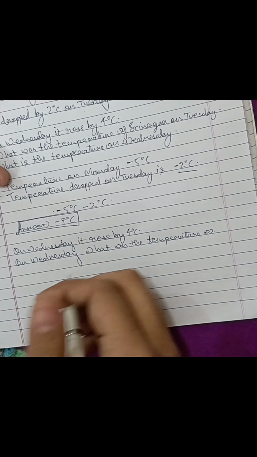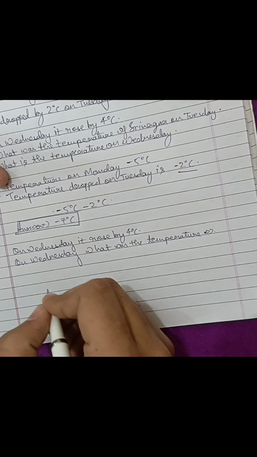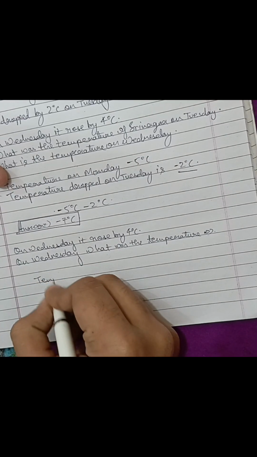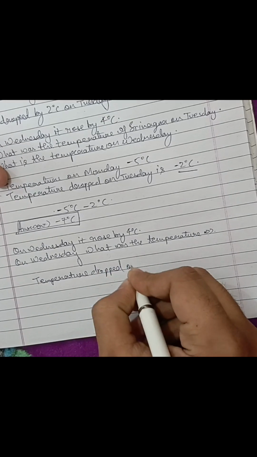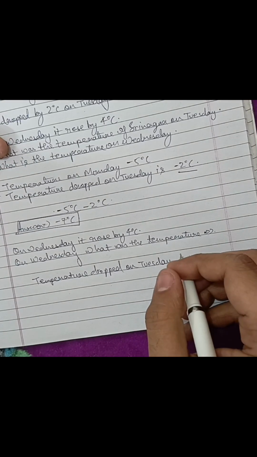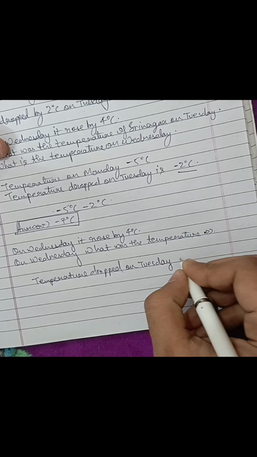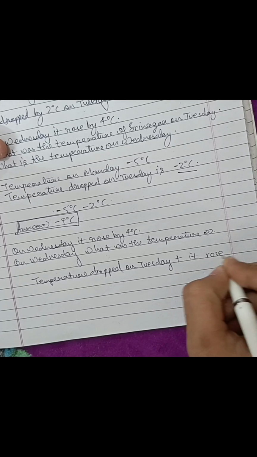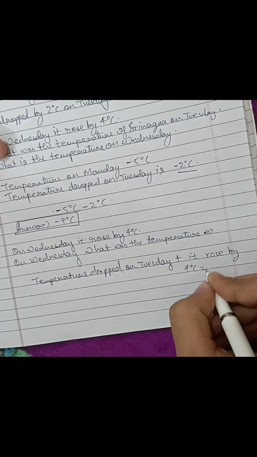So just we will answer the question that on Wednesday the temperature is that temperature dropped on Tuesday plus it rose by 4 degrees Celsius.